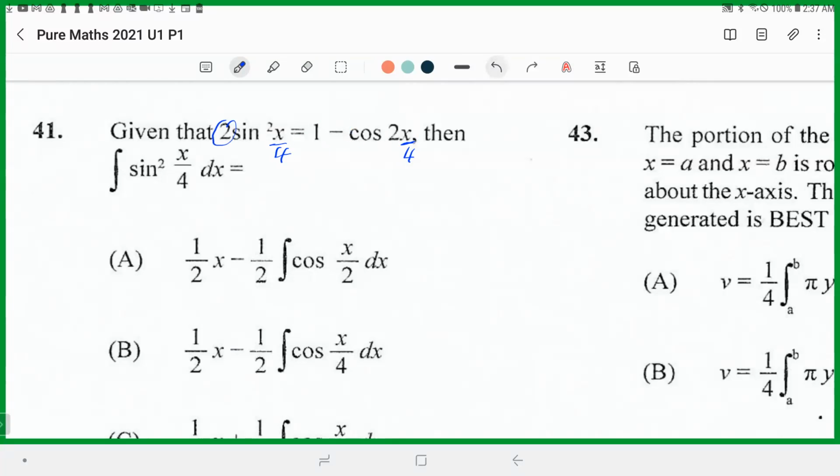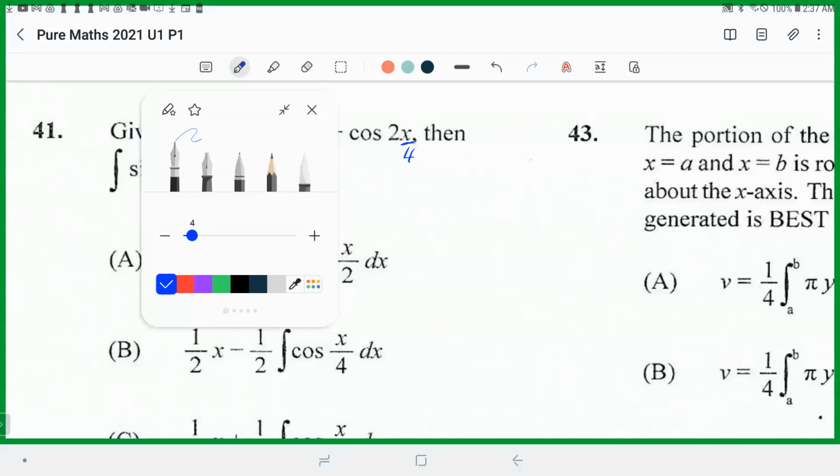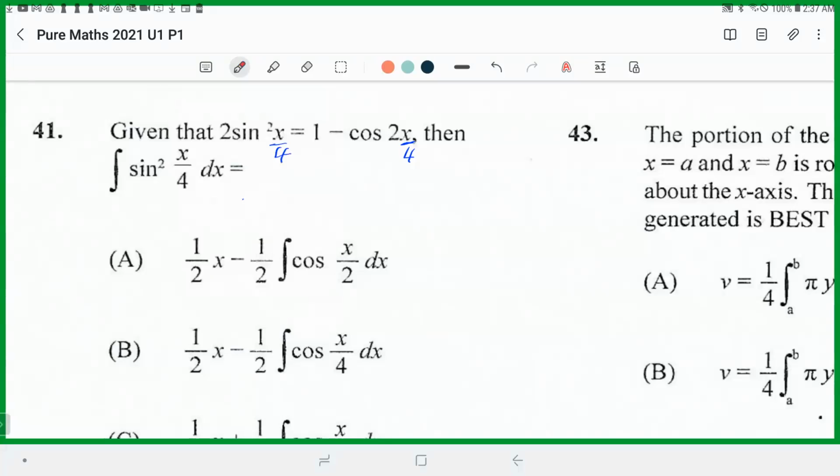So based on that, the sine squared x, in a different color, sine squared x over 4, that's what I'm making the subject now.